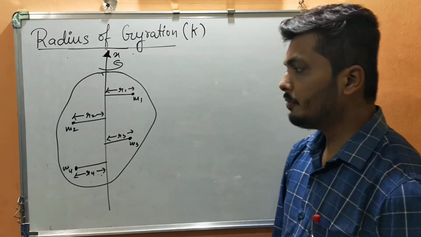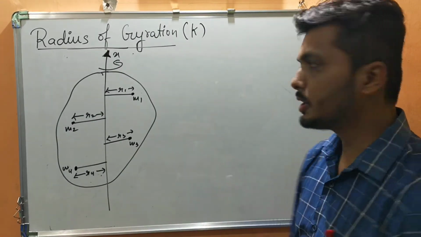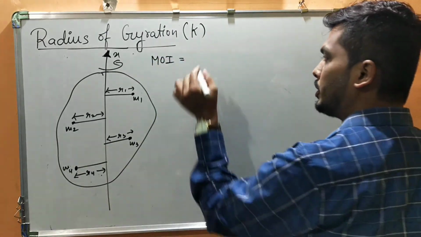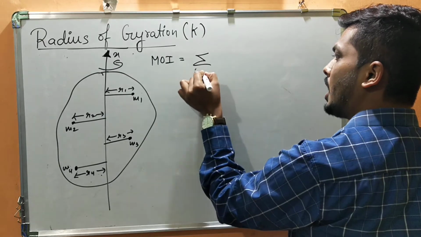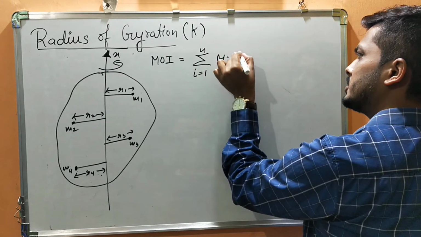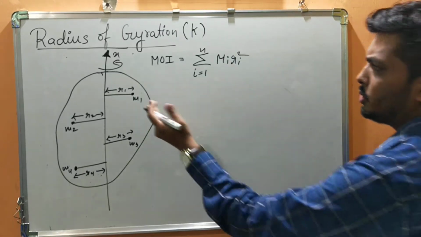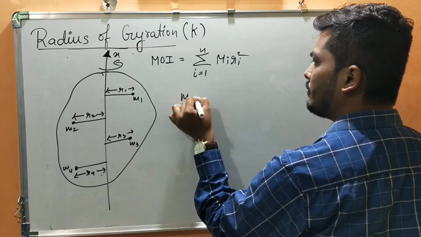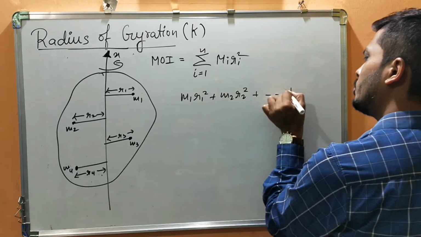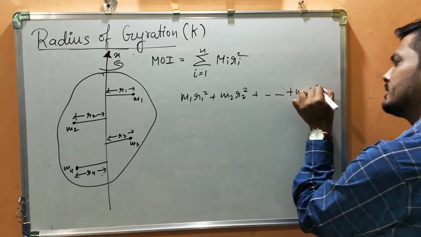Now, if I want to calculate its moment of inertia, how do you calculate moment of inertia? I had told you in the previous class only. Moment of inertia is the summation from i equals 1 up to n of M_i R_i square. You simply do M1 R1 square plus M2 R2 square plus so on up to Mn Rn square.